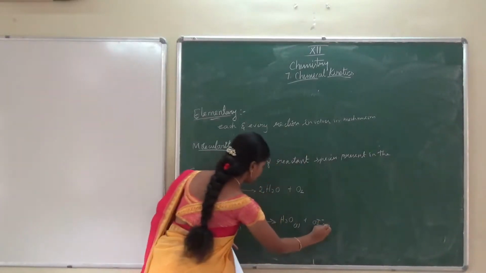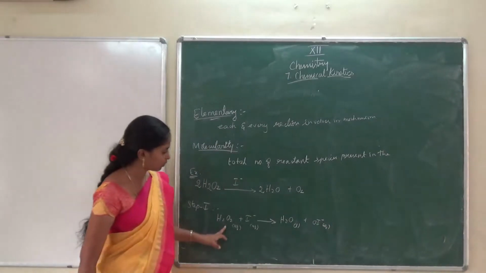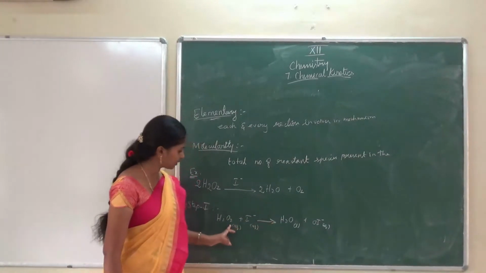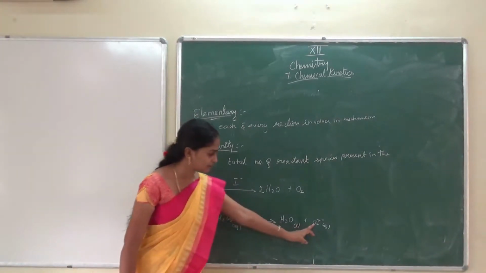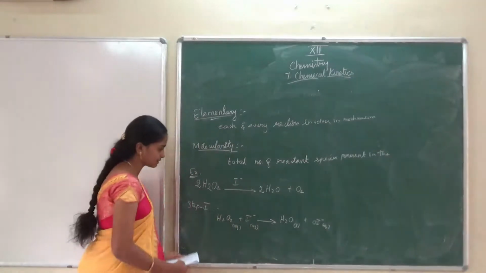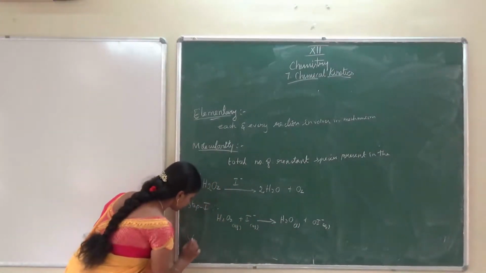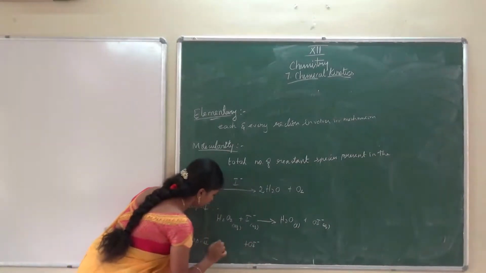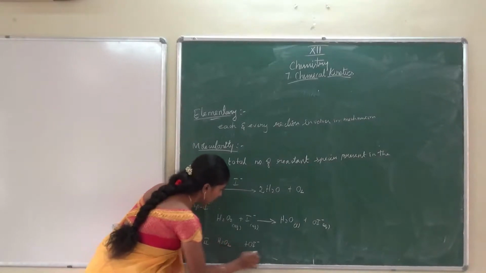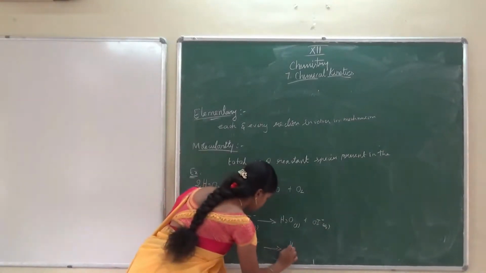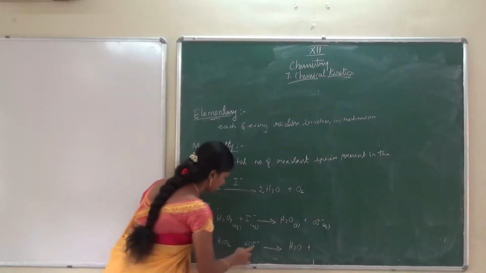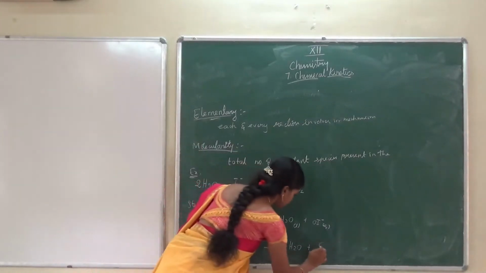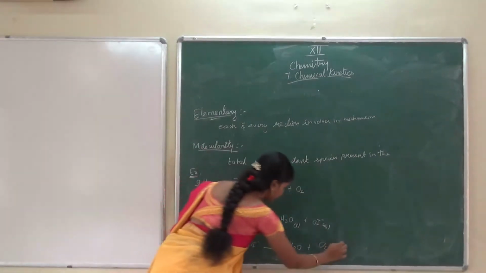H2O2 first decomposes to give H2O separately, and the remaining one oxygen and the iodide react and produce OI minus. In step 2, this OI minus reacts with one more mole of H2O2 and produces H2O, with the remaining oxygen giving O2 plus I minus.